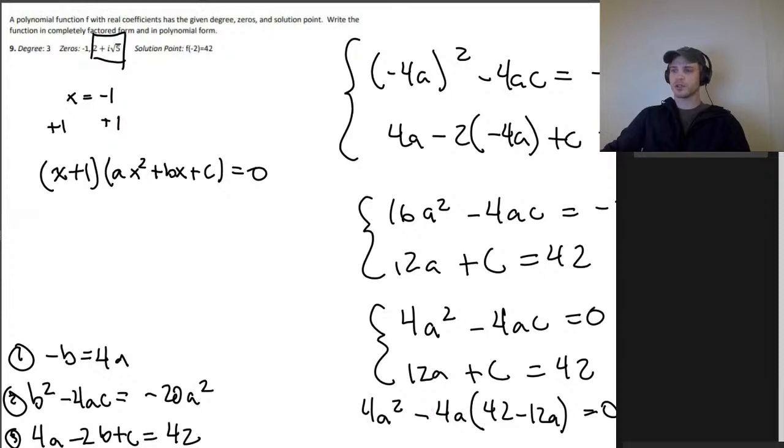Let's see if that works out. And let me just distribute this. So we've got 4a squared minus, this would be 168a, and this would be positive 48a squared.